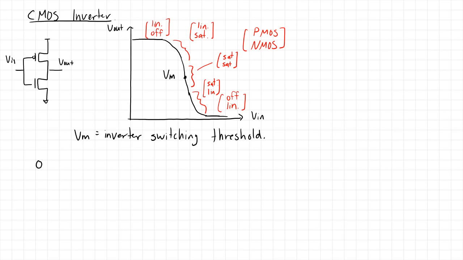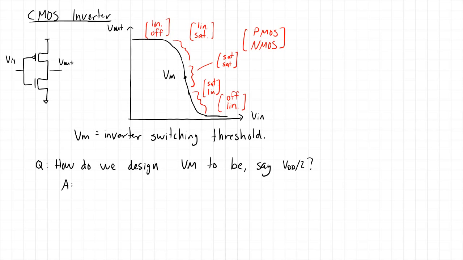Okay, so question. How do we design the VM to be, say, equal to VDD over 2? So the answer is, well, we don't have too many parameters available at our control as digital designers.